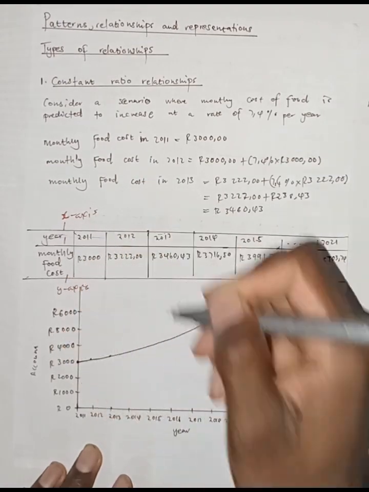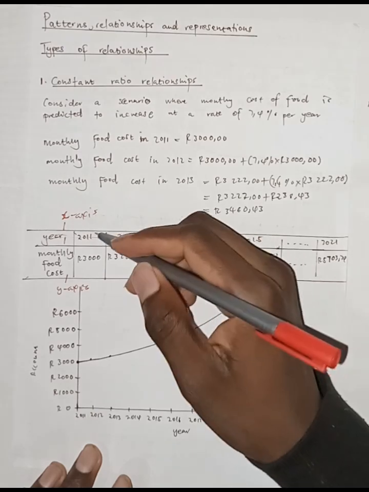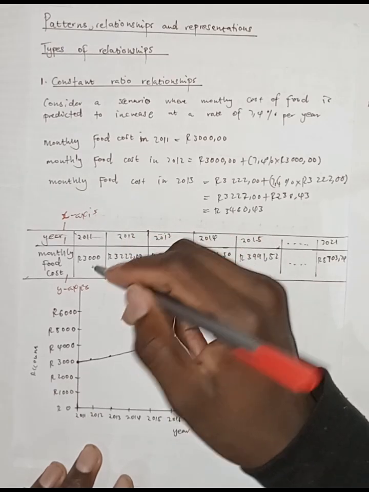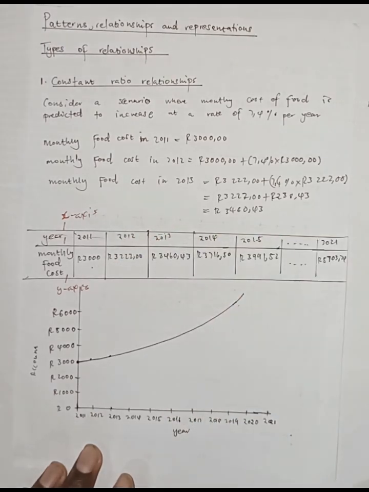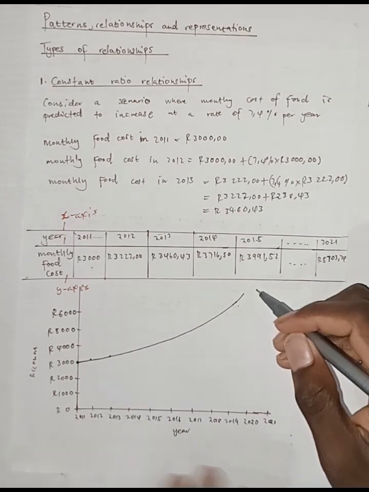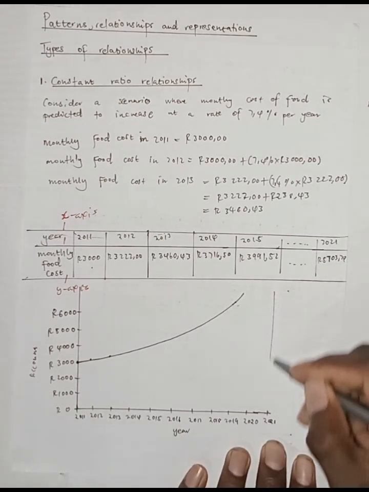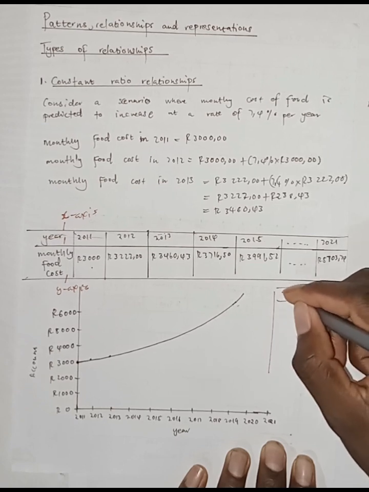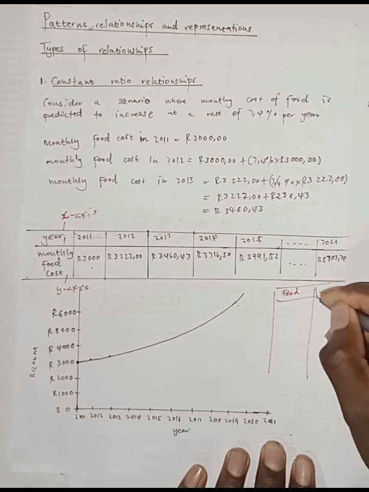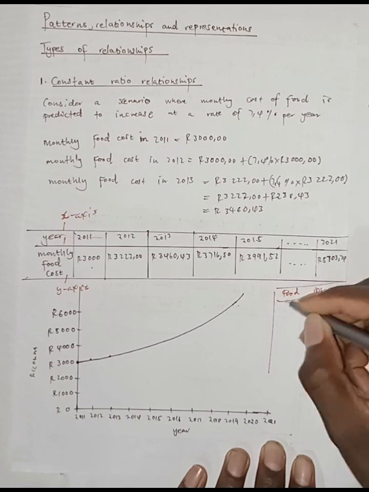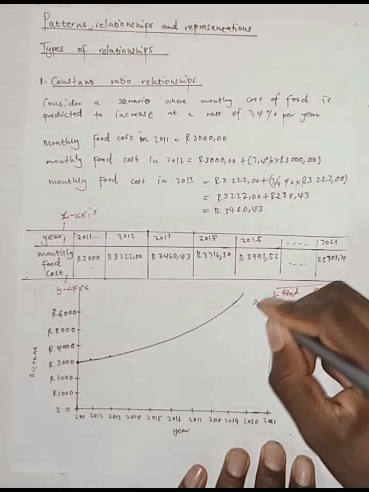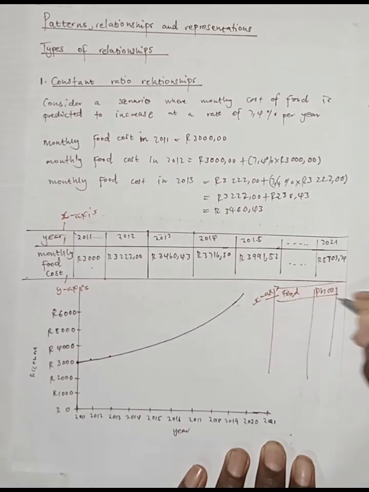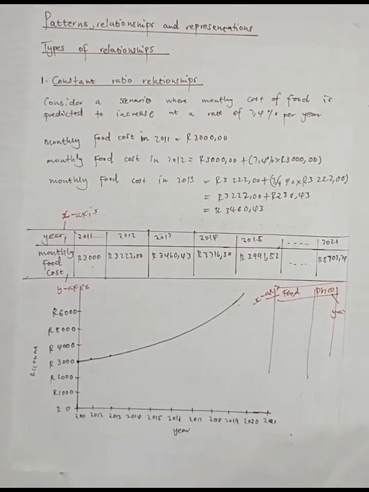Remember, always whatever's on top goes on the x-axis and what's on the bottom on the y-axis. Or if they give you something like food price, this will go on the x-axis, then that on the y-axis. Make sure you know that.